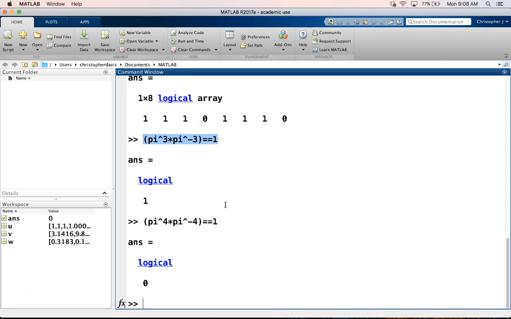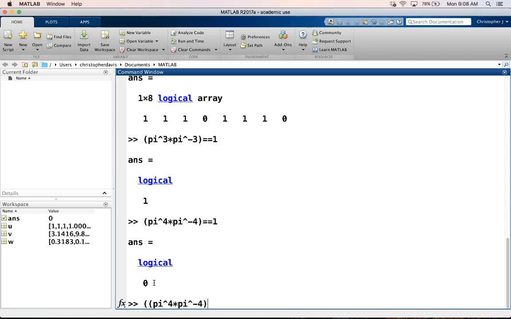Well, a solution would be come up with some precision that you want, like maybe 8 decimal places is probably a good amount of precision. MATLAB's always going to be more accurate than 8 digits if we're doing standard operations like this. And so instead of asking, does pi to the 4th times pi to the negative 4th exactly equal 1? Okay, instead, maybe I should ask, does pi to the 4th times pi to the negative 4th?